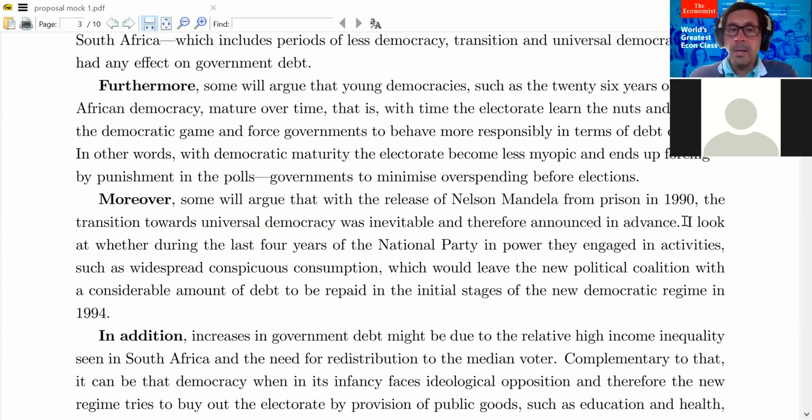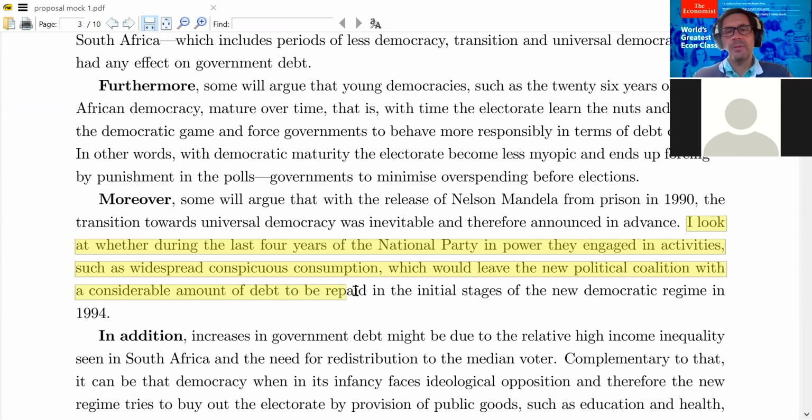So what do I do? I look at whether during the last 40 years of the National Party in power, they engaged in activities such as widespread conspicuous consumption, which would leave the new political coalition with a considerable amount of debt to be repaid in the initial stages of the new democratic regime in 1994. In 1990, with the release of Nelson Mandela from prison, a fully fledged democratic regime was going to happen, right?